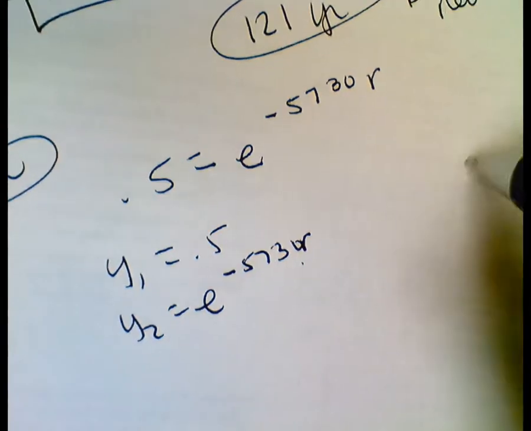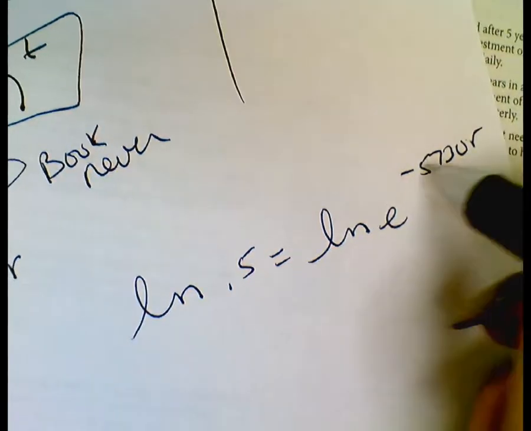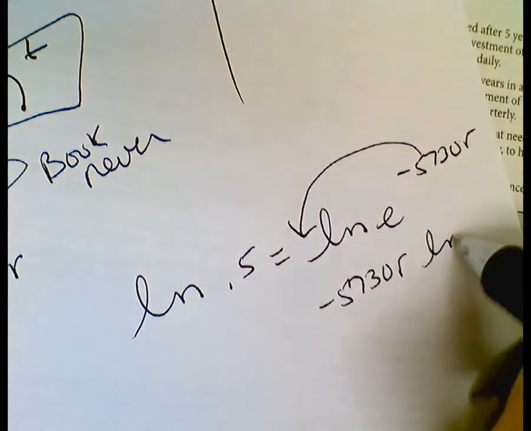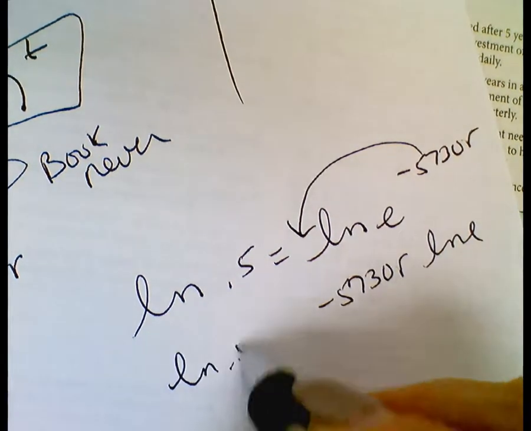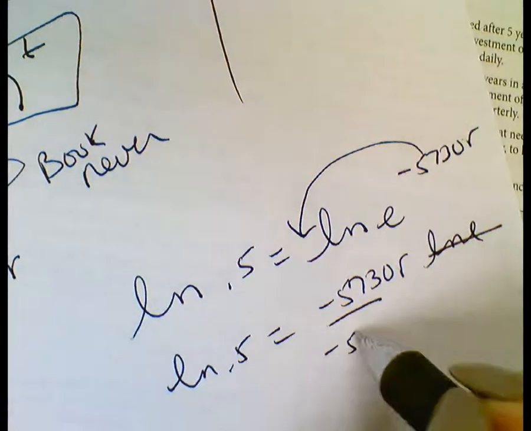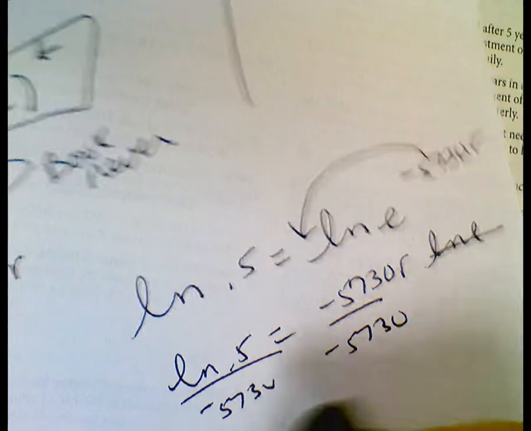Or I can take the log of each side, and then bring this out front. The log cancels. Divide both sides by this, and you should get your rate.